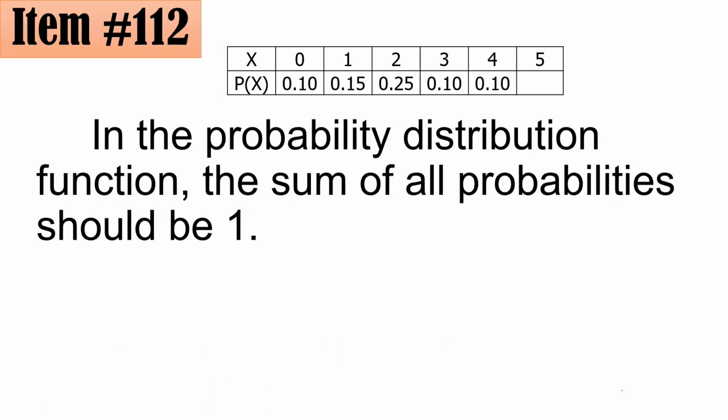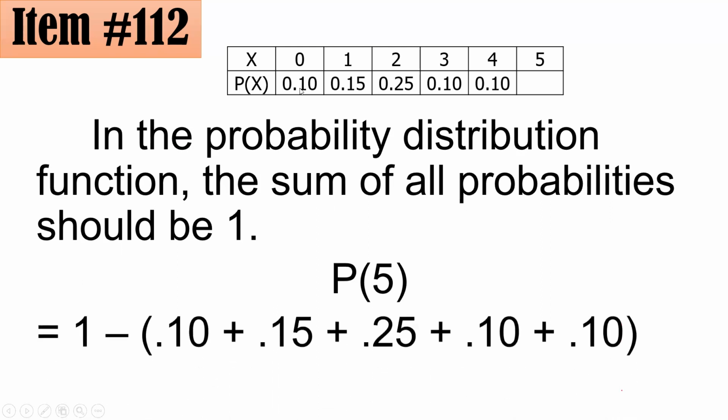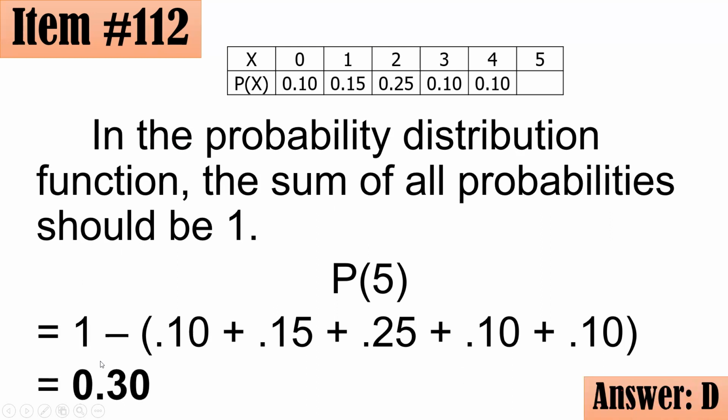That's why dahil merong missing dyan, in the probability distribution function, the sum of all probabilities should be 1. So dahil meron kang P of 5 dito, yung hinahanap natin, we will add the 0.10, the 0.15, 0.25, 0.10, and 0.10, and subtract it from 1, and that will give you 0.30, letter D.